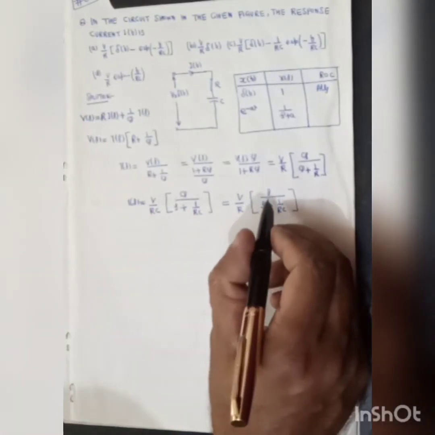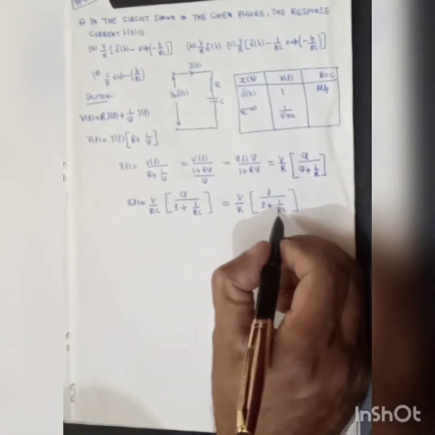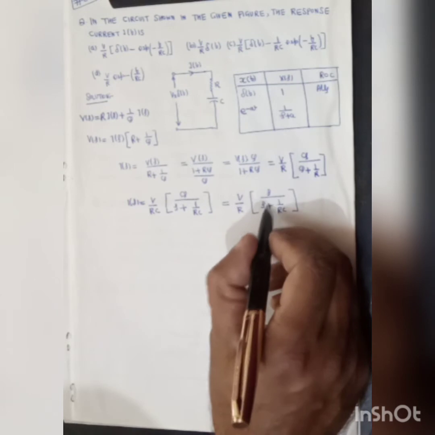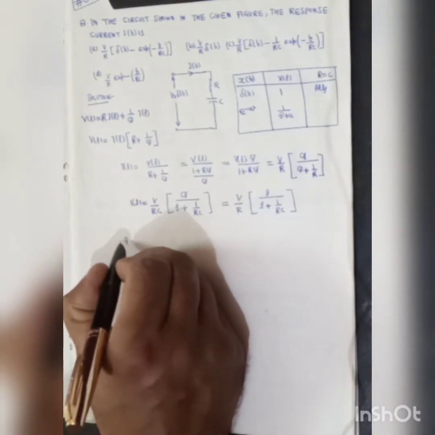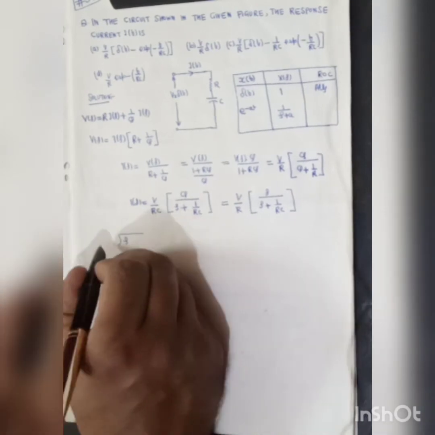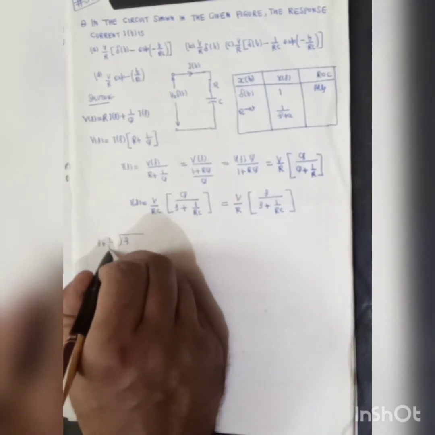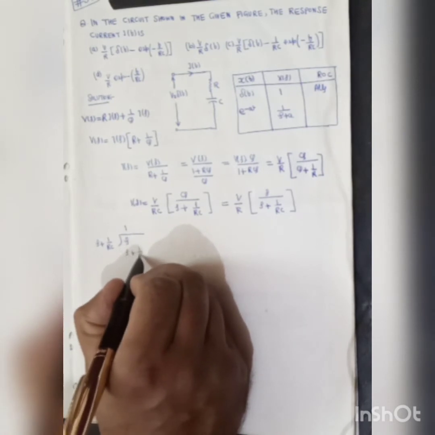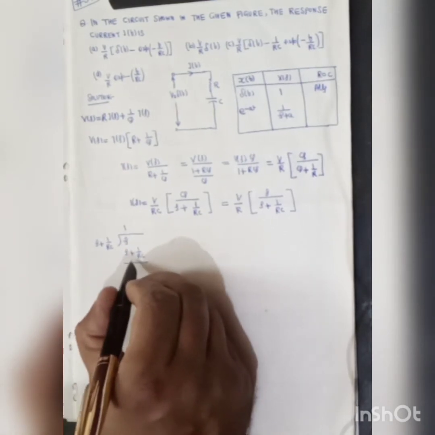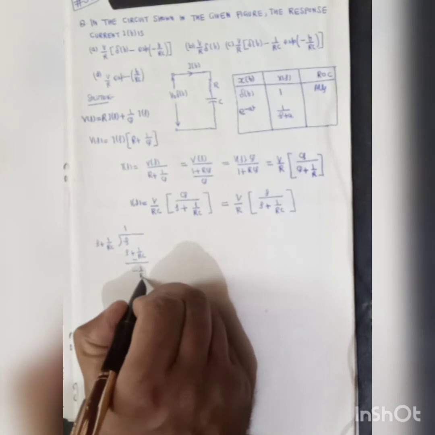Now in the expression s divided by s plus 1 upon RC, because the powers of numerator and denominator are the same, we will divide the numerator by the denominator. The numerator is s, the denominator is s plus 1 upon RC, 1 times this will be s plus 1 upon RC, and the remainder will be minus 1 upon RC.